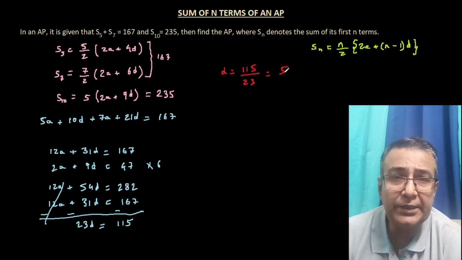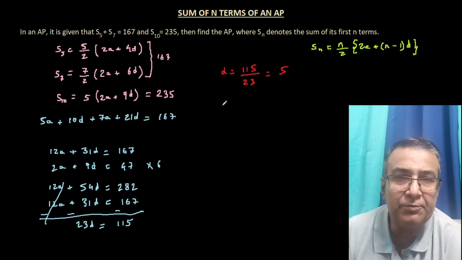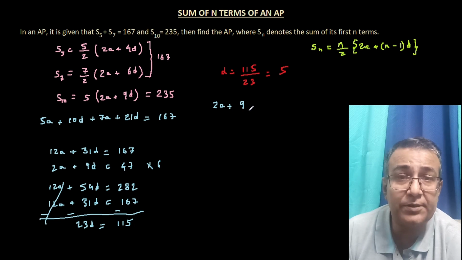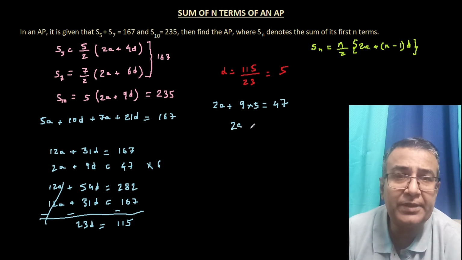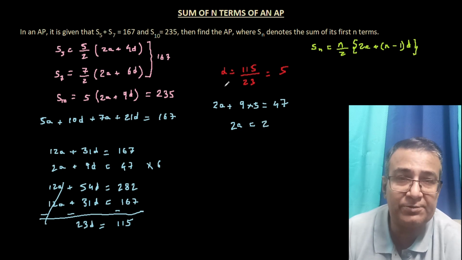So we can find the value of a by putting in this value of d into any of the two equations above. Let me put it in the second equation, where 2a plus 9d is equal to 47. So 2a plus 9 times d is 5 now, so 9 times 5 should be equal to 47. 9 times 5 is 45, that can be taken to the other side, so we are left with 2a is equal to 47 minus 45, which gives us 2, and then taking 2 to the other side also, we get a is equal to 1.